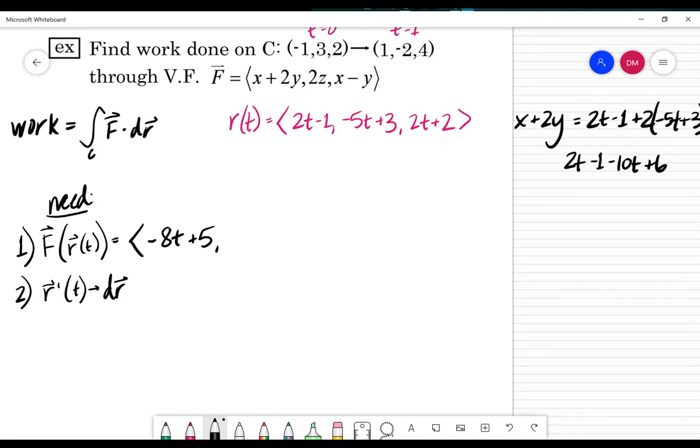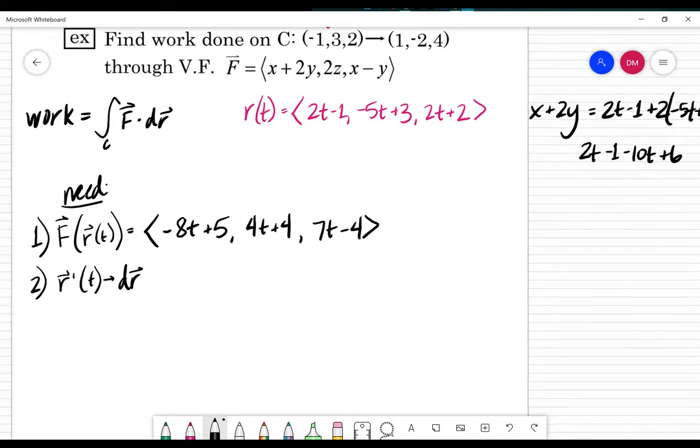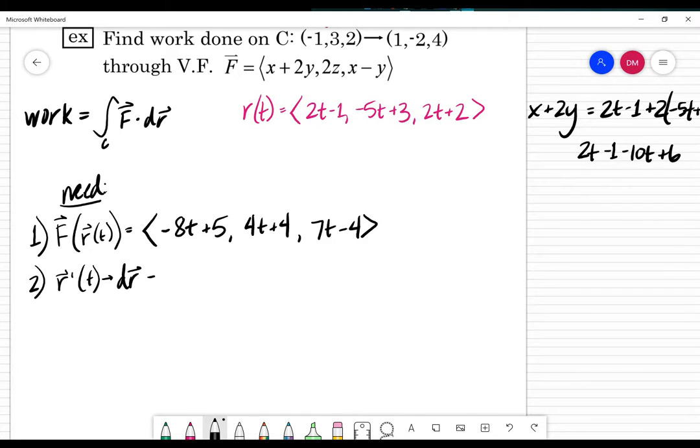2 times z, that's a little easier. So that'll be 4t plus 4. And then x minus y, a little easier as well. X minus y looks like 7t minus 4. Okay, so there's f. That's one of our needs. All right, dr, we need to find the derivative, r prime.